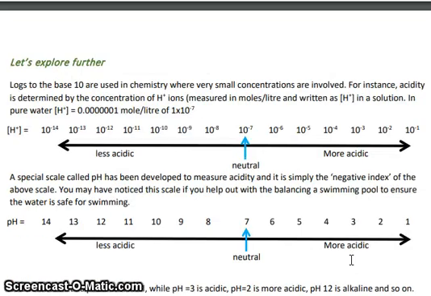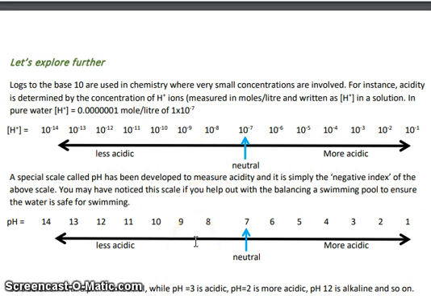Now let us explore further. Logs to the base 10 are used in chemistry where very small concentrations are involved. For instance, acidity is determined by the concentration of H+ ions, measured in moles per liter, written as [H+] in a solution. In pure water, it is 0.0000001 mole per liter, or 10 to the power minus 7. So less acidic, neutral and more acidic.